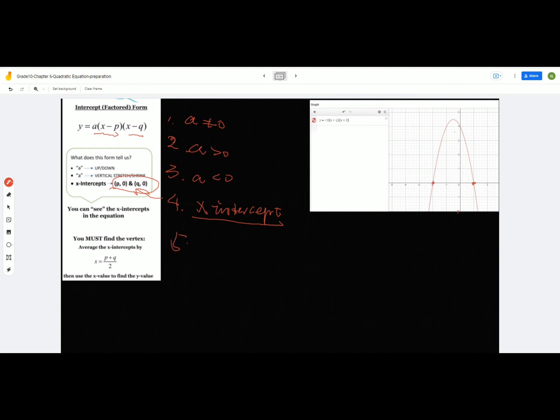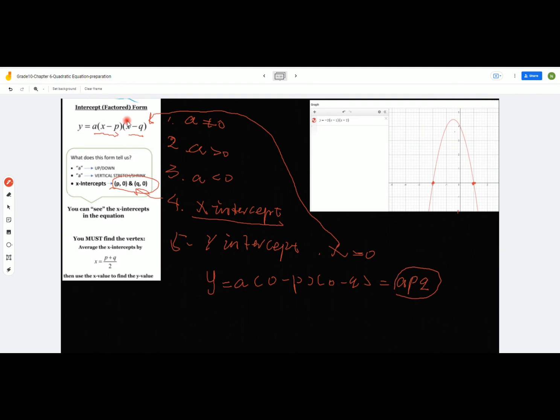What about the y-intercept? Again x equals 0, so substitute x equals 0 into this equation. So y equals a times (0 minus p) times (0 minus q), and negative p times negative q gives a pq. This is the y-intercept.